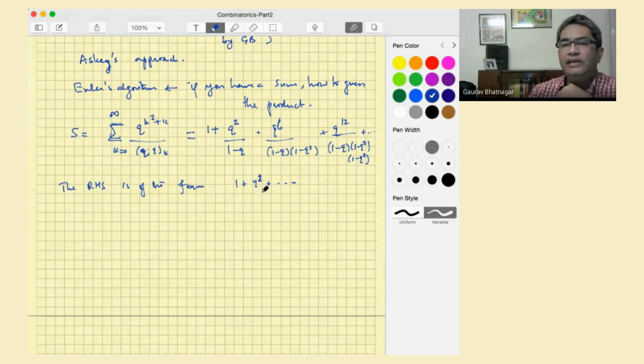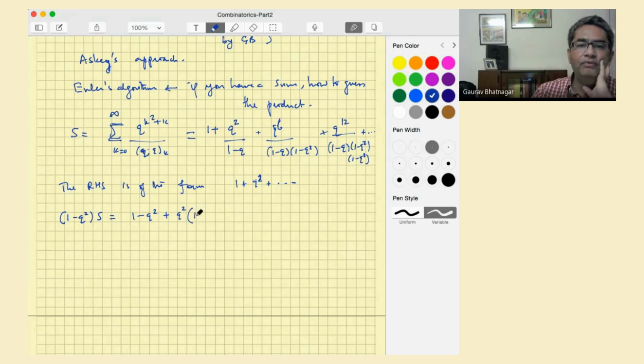So how do we delete a q square? You multiply by 1 minus q square. So you get 1 minus q square plus q square times 1 minus q square, and this q square might delete itself. So what we do is we do this. Let's do it on this one, and we get 1 minus q square plus q square, and now you have 1 minus q square over 1 minus q, so it's 1 plus q plus q raised to 6.